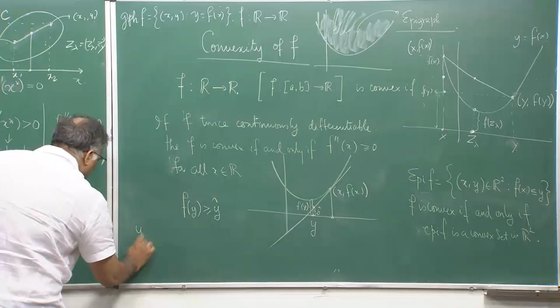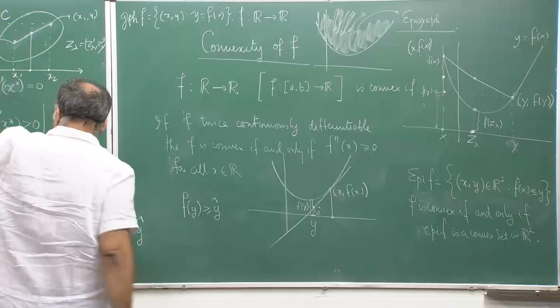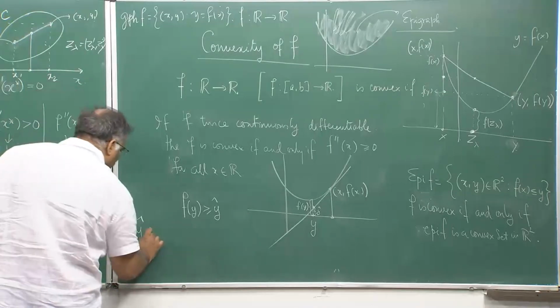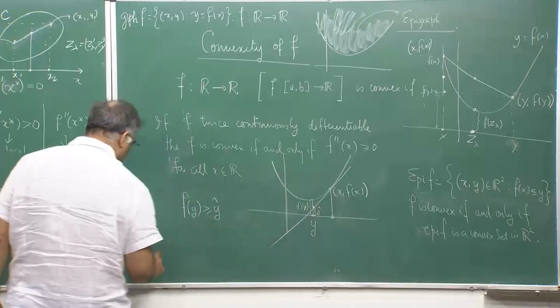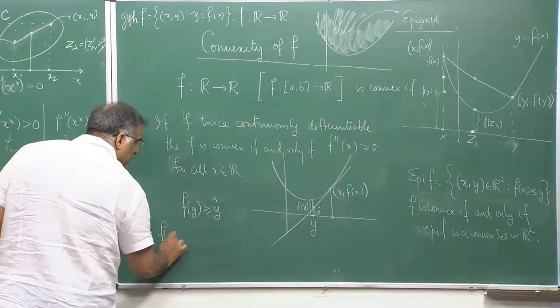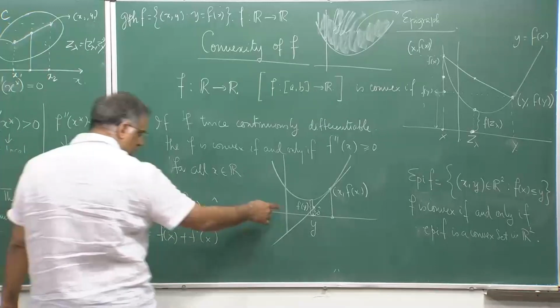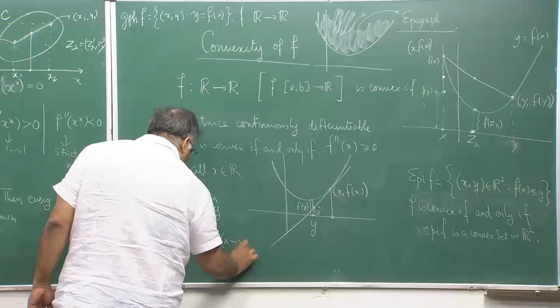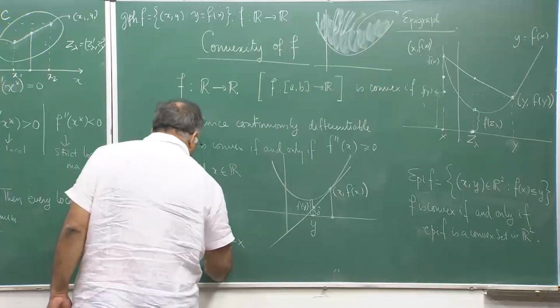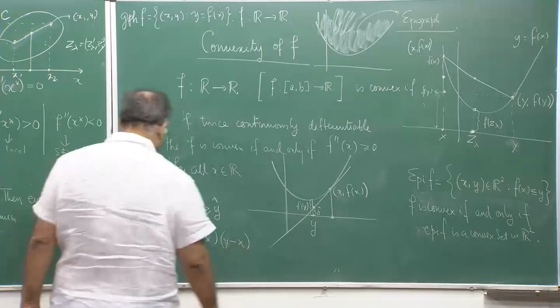What is y hat? We have already found the equation of the tangent line in the previous lecture. It is nothing but f(x) plus f dash x, which is the slope of this tangent line, into y minus x.